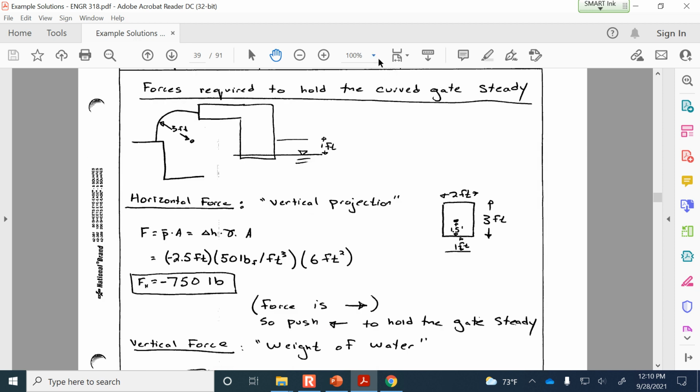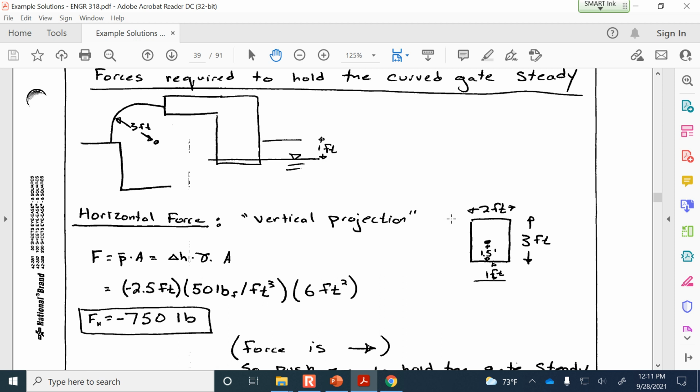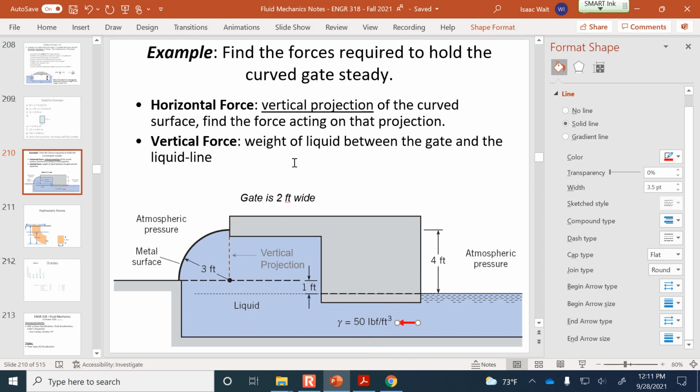Okay, here's a little sketch of the system, and I've also written on the whiteboard that the delta H is 2.5 feet above the liquid level. So we have to go from, I'm not calling it the water line since this isn't water as we've just talked about, so from this liquid up to the center of area of the projection.